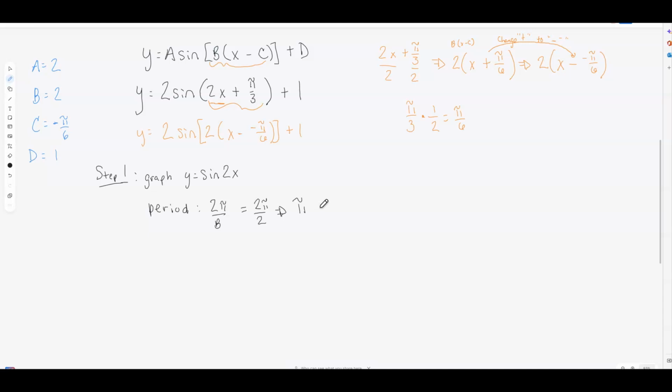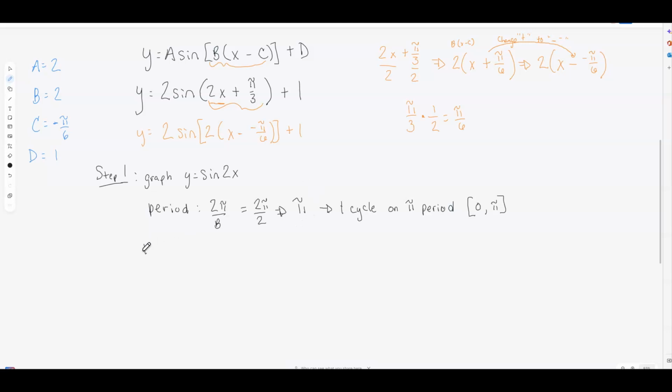So what that means is that I have 1 cycle on a pi period, right? So from my x values of 0 to pi, I'm going to have 1 sine wave, okay? And I'm going to also determine what my important points are. So the new period is pi, right?